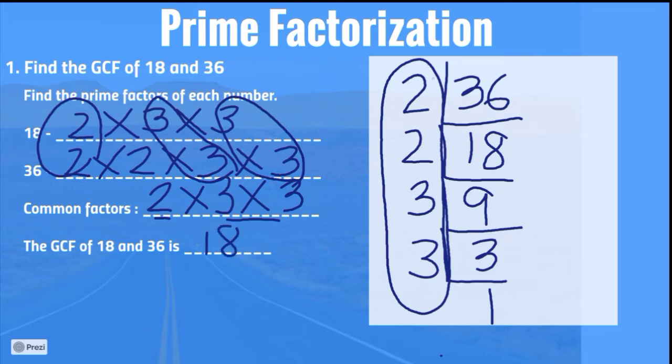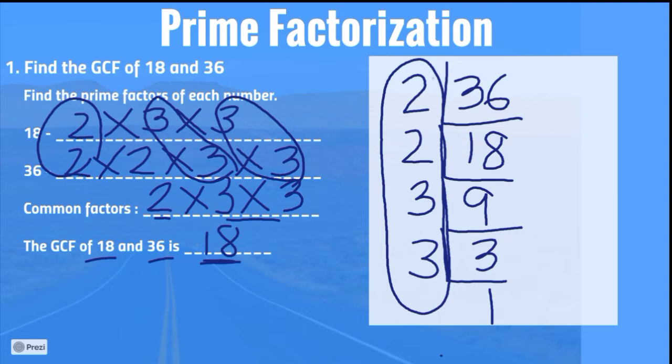So, the GCF of 18 and 36 is 18. Ibig sabihin, ang 18 at ang 36 ay pwedeng hatiin ng 18. So, 18 divided by 18 is equal to 1. And 36 divided by 18 is equal to 2. So, the GCF of 18 and 36 is 18.